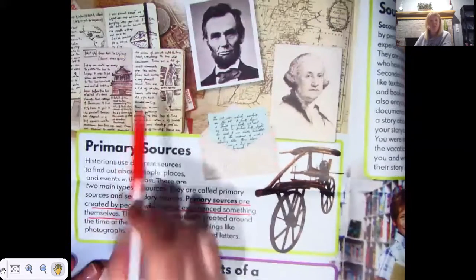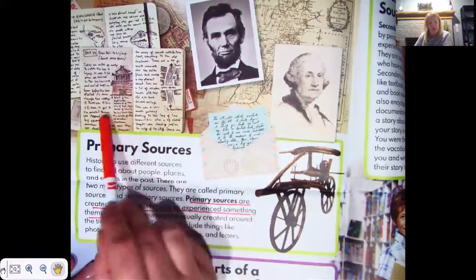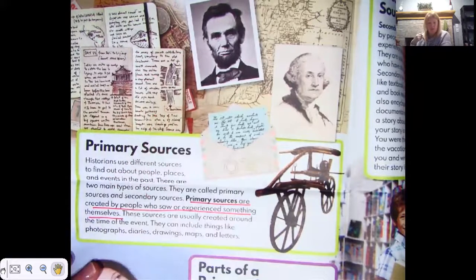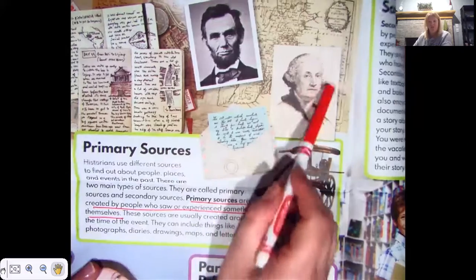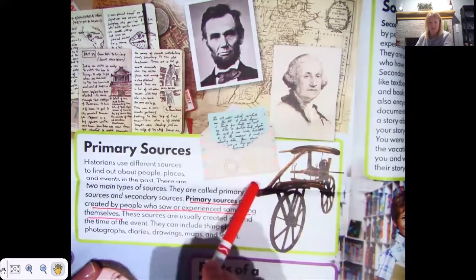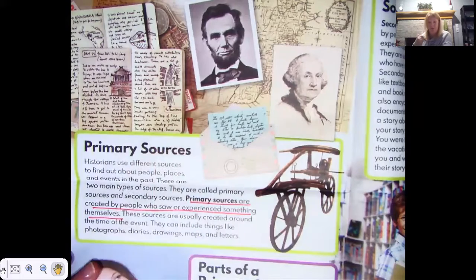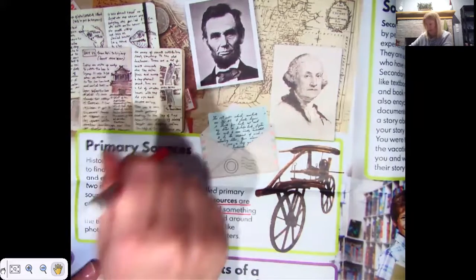So journals would be a big thing, okay? Autobiographies, when someone writes a story about their life. Someone who does a drawing, someone who takes a picture, someone who invents something and writes down the directions on how to do that. These are all primary sources. The people themselves are doing it, okay?